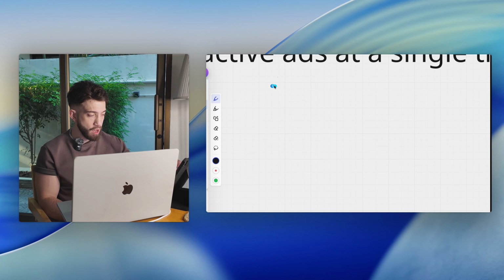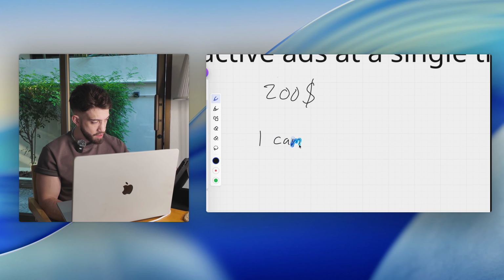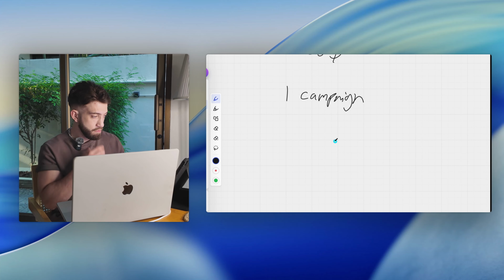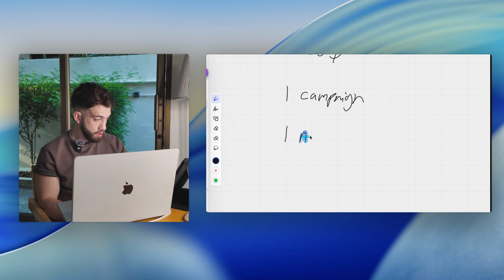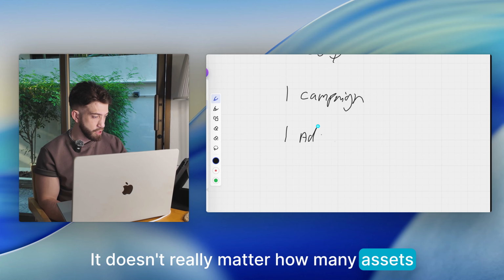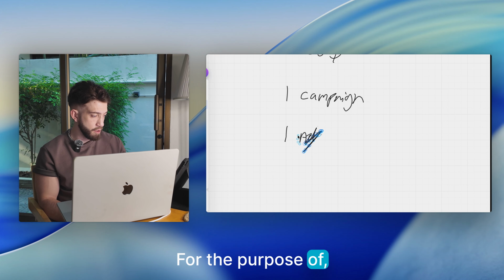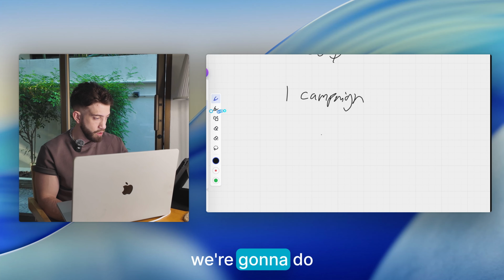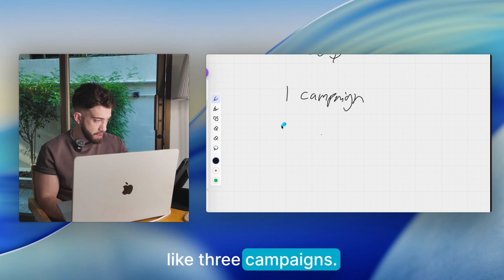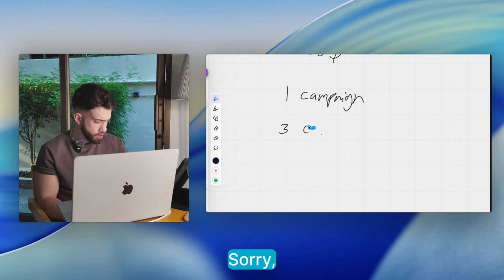Let's say you want to spend $200 a day, right? In a CBO, you'll have one campaign, and let's say you have a bunch of ad sets. To be honest, it doesn't really matter how many ad sets you have, but for the purpose of this, let's say 3 ad sets.